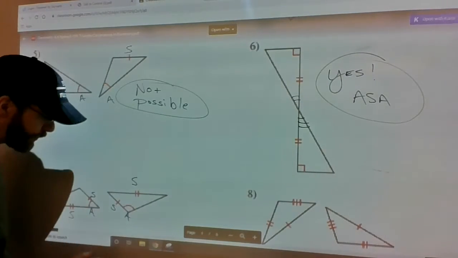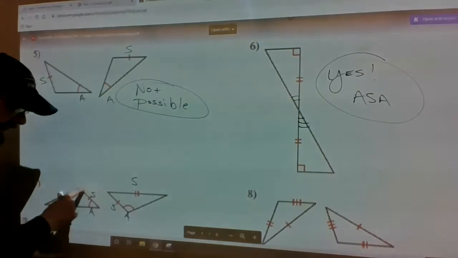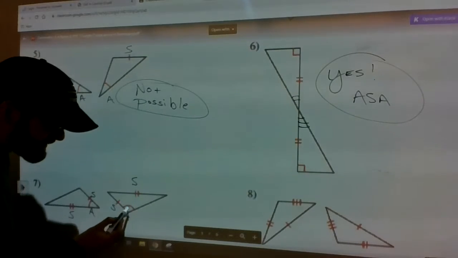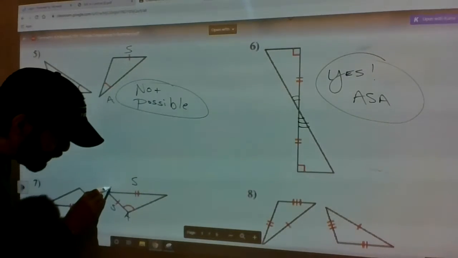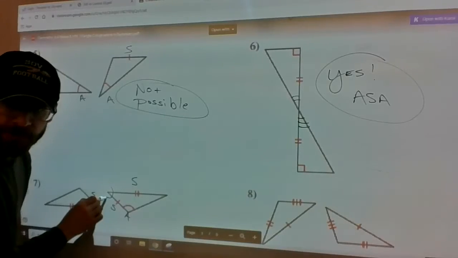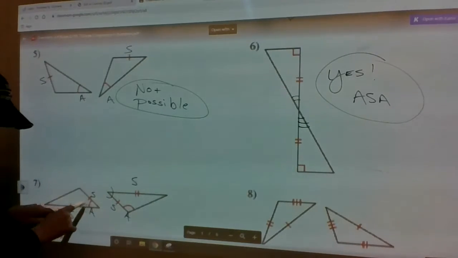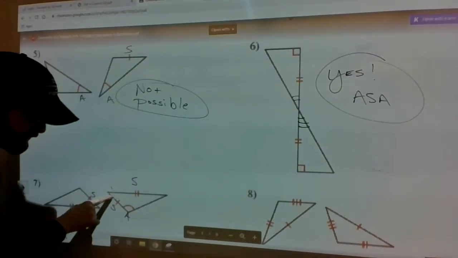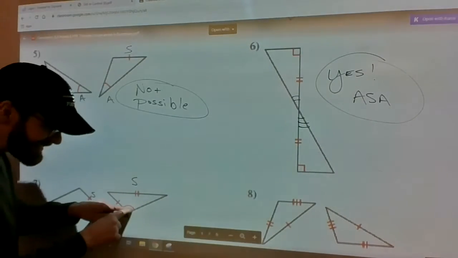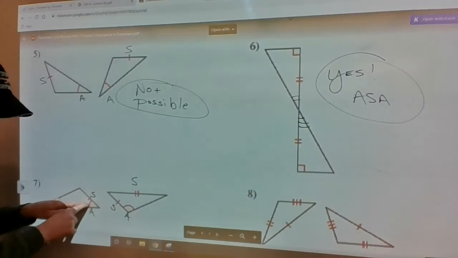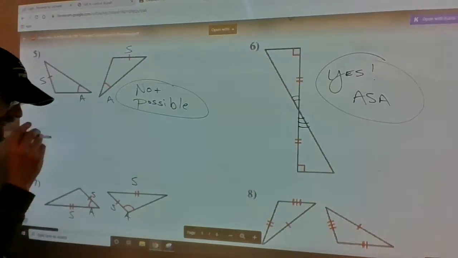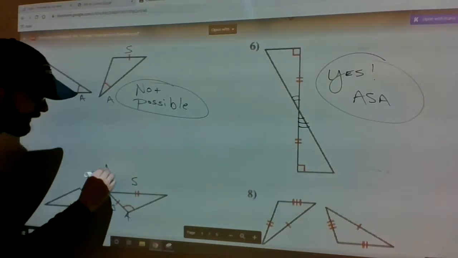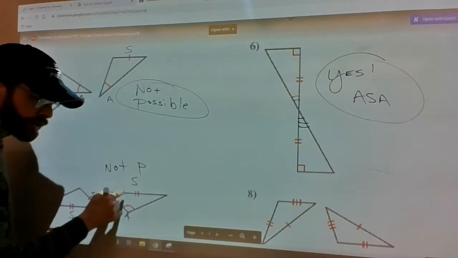So, yes, we've got both a side, side, angle here, and a side, side, angle here, but this one does not have the angle included between the two sides that are posted congruent. Angles between the sides that are congruent work; an angle not in between the two congruent sides does not. So because this angle is misplaced, it's not in between like it should be, they are not congruent, or at least it's not possible for us to prove them congruent. Yeah, that one's tricky.